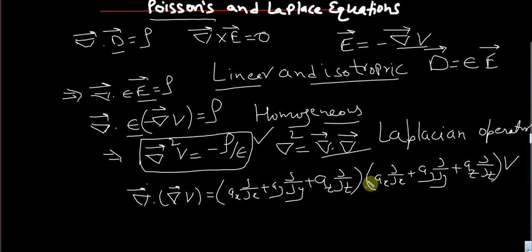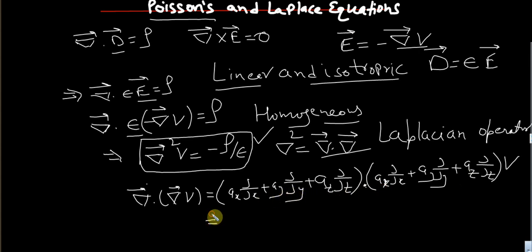If we take the dot product, ax multiplied by ax will be equal to 1, otherwise ax dot ay will be equal to 0.